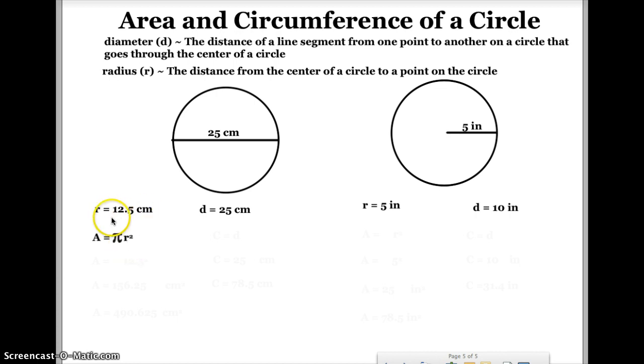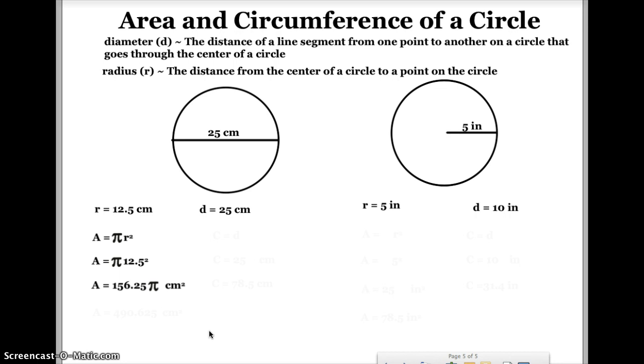And in this case, r is equal to 12.5. So it's going to be area is equal to pi times 12.5 squared. Now 12.5 squared means 12.5 times 12.5. It's important to remember that 12.5 squared is not 12.5 times 2.